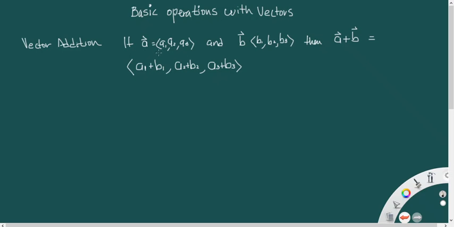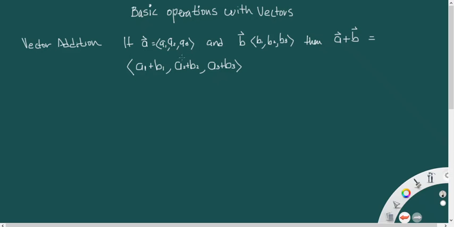Just to remind you, this is taking the components of each one of these vectors. Please recall that we need the coordinate system and the points located at the starting and ending point of these vectors to calculate these components.